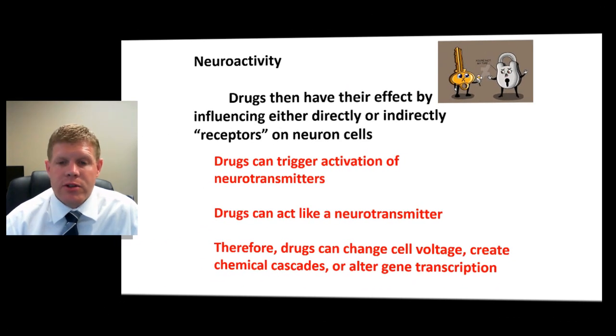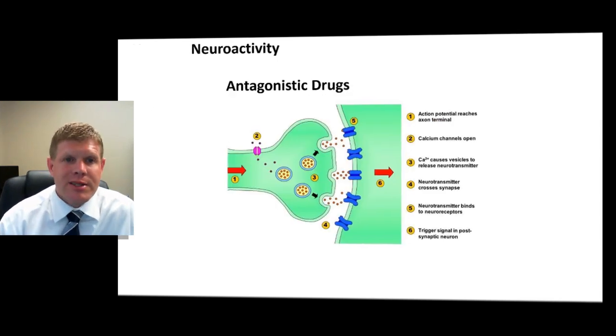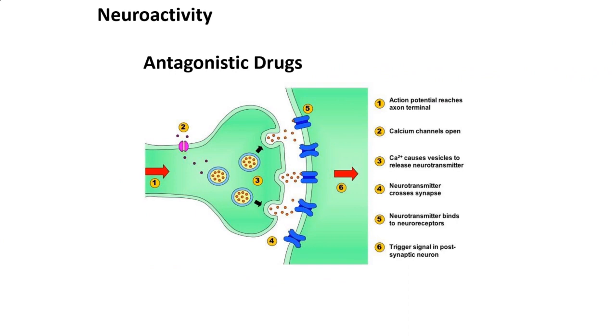And that effect is usually that the drugs will change cell voltage, they'll create chemical cascades, or they'll alter gene transcription. So let's talk about this process a little bit more. If you look at this, the green part here on the left is the end of a neuron cell called an axon, with axon terminals.